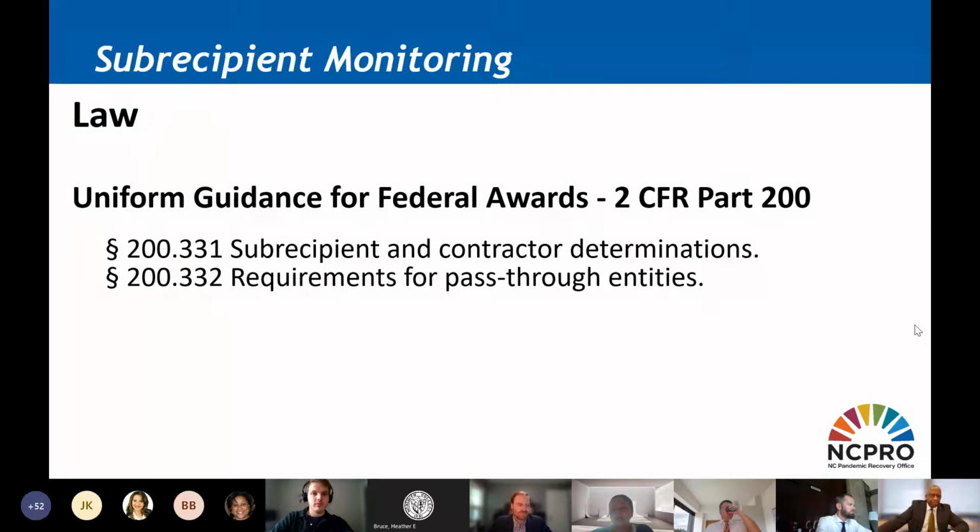Our discussion today will be more centered around 332, and 331 is quite important, and it impacts the work that we do in 332. But we'll have other times to talk a bit more about determinations. It'll come up in our discussion today, but not in great detail. Next slide.